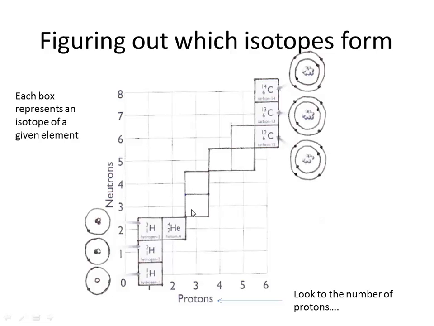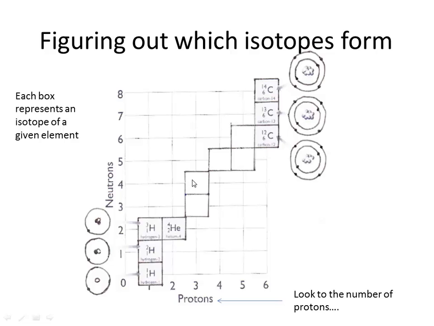It would be 6, a total of 6. What about the mass of 3 protons with 4 neutrons? What mass number would that have, Connor? 7. So I have 2 different types of lithium: lithium 6 and lithium 7.